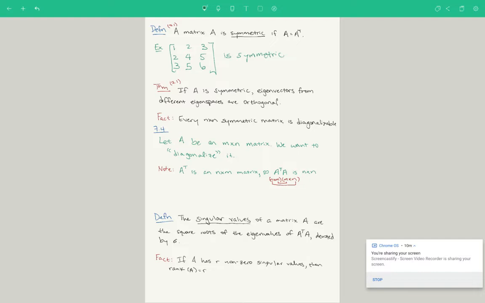So we saw in section 5.3 that we can have square matrices that aren't diagonalizable. But if your square matrix is symmetric, you're automatically diagonalizable. So you automatically can be factored into that P, D, P inverse, where D is diagonal. In fact, because our eigenvectors are what makes up P, and we just saw that symmetric eigenvectors from different eigenspaces are orthogonal, it's possible to have your P be entirely made up of orthogonal columns.